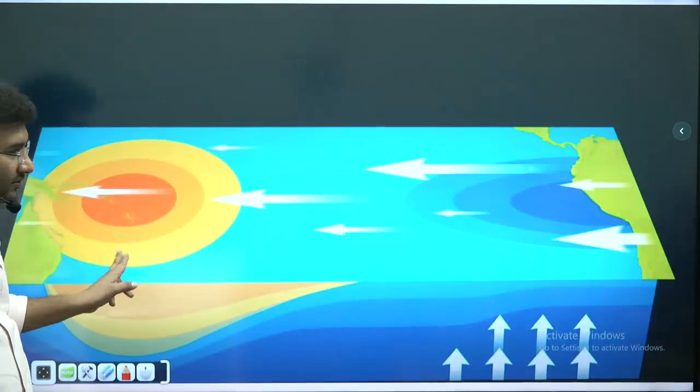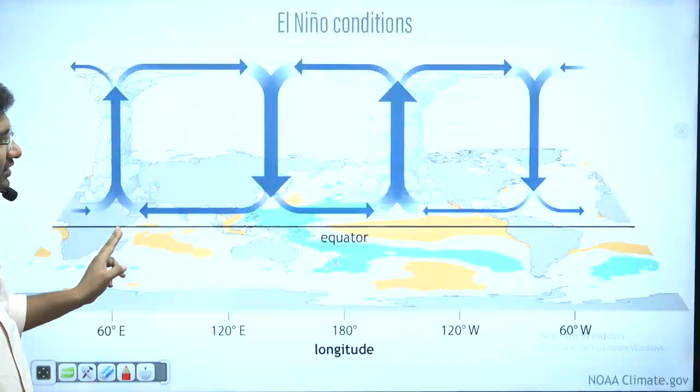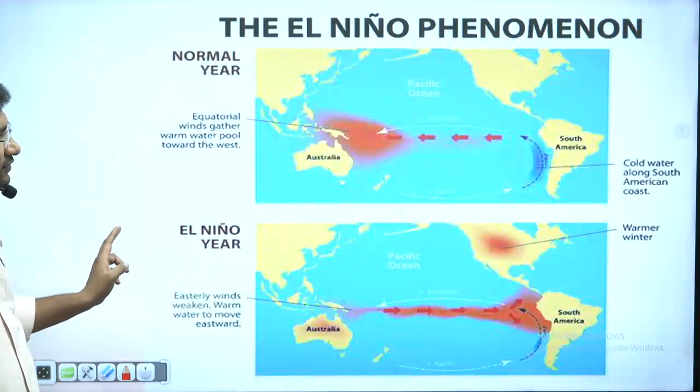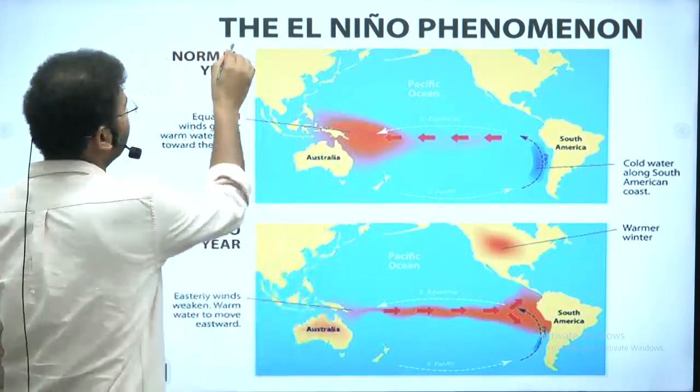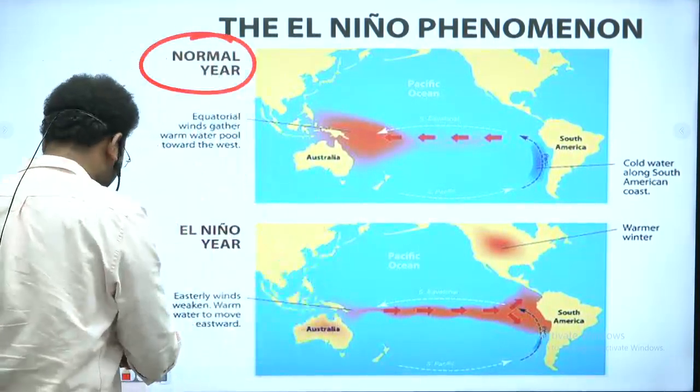normal conditions. Now let's try to understand the conditions of El Nino. During the times of El Nino, what happens is, look at this. This is the normal year. Now come to the El Nino year.